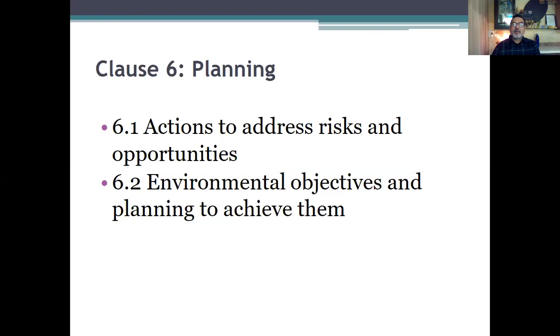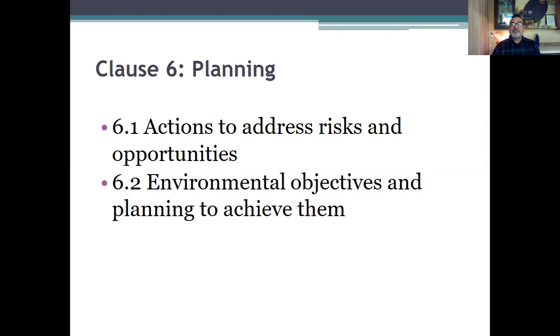6.2, environmental objectives and planning to achieve them. The standard advises that the environmental objectives should be established at appropriate levels and intervals. Having considered the identified environmental aspects, risks and opportunities, and compliance obligations, the characteristics of the set objectives are important too.